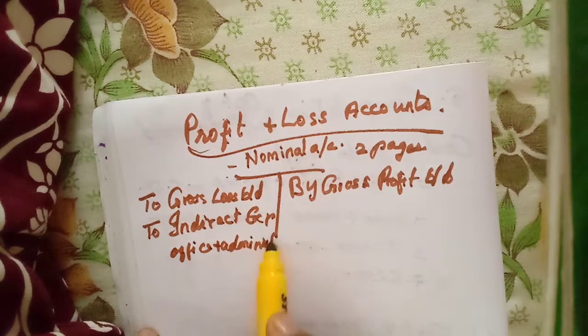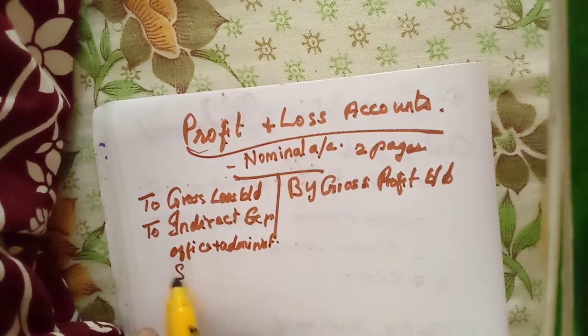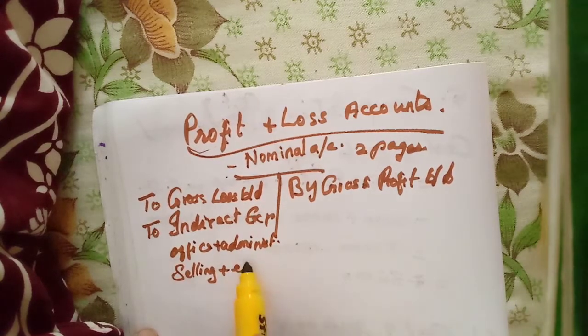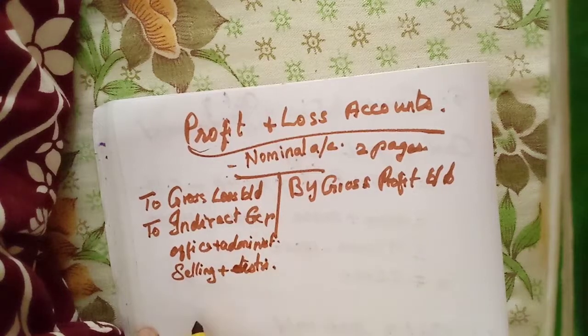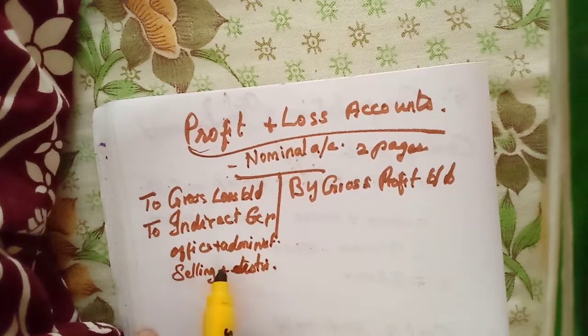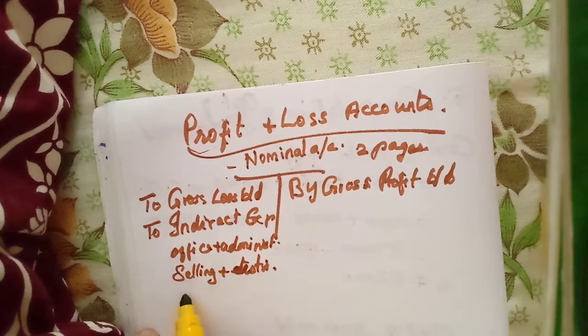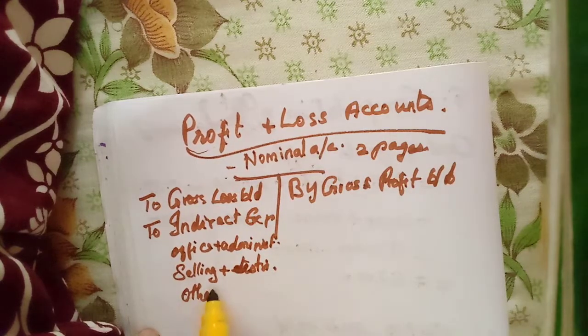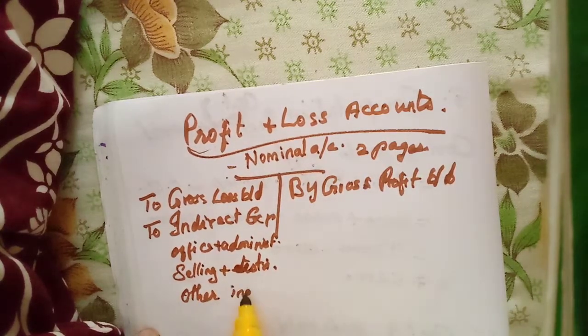Then selling and distribution expenses related to the product. These 4 are called the indirect expenses. Then some other expenses, any other indirect expense.